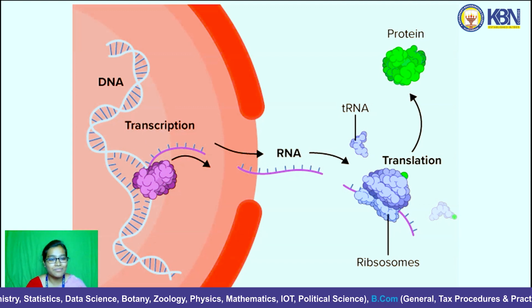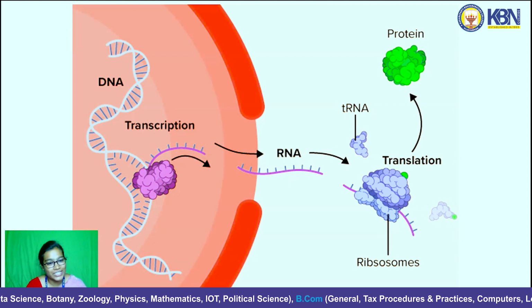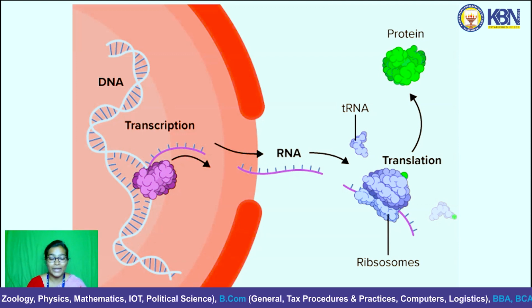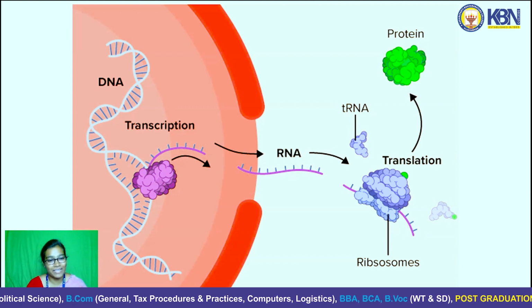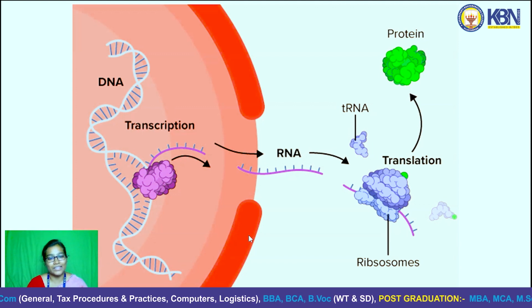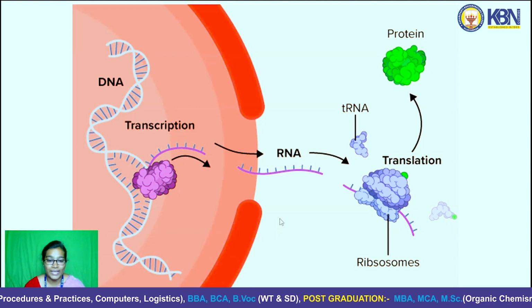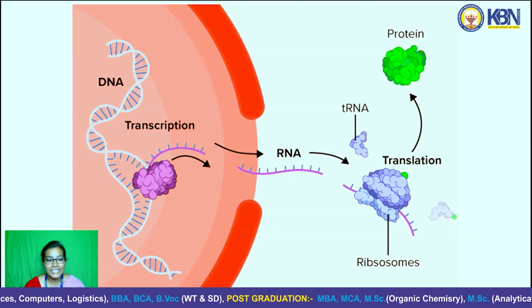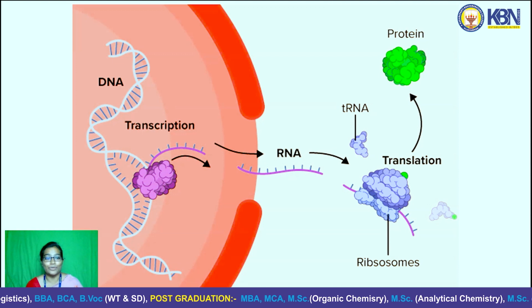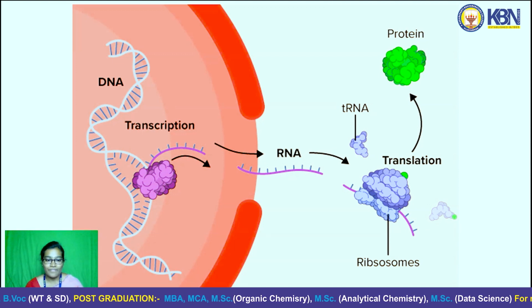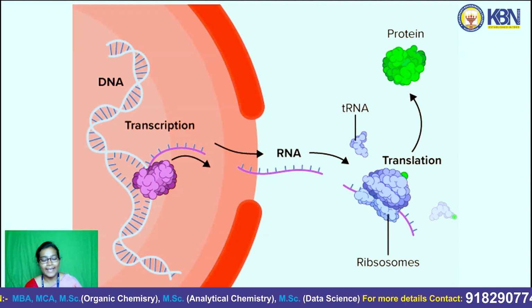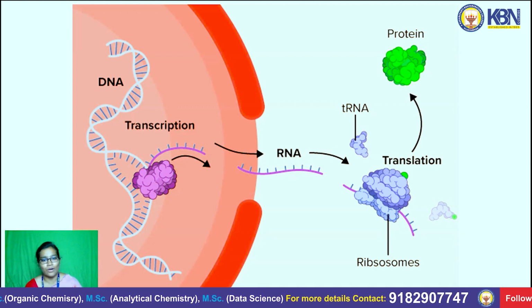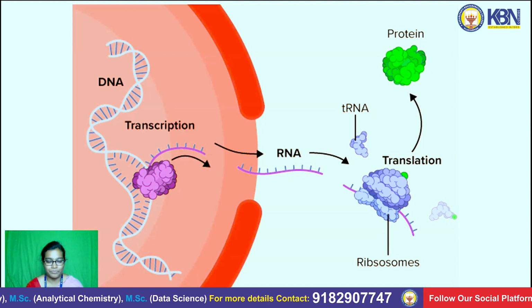a very similar copy of that gene is made, but it's not in the form of DNA. The copy will be in the form of RNA. Why? The DNA, which is the blueprint, the code, whenever it has to be converted into protein, cannot be cut and traveled out for the protein synthesis.